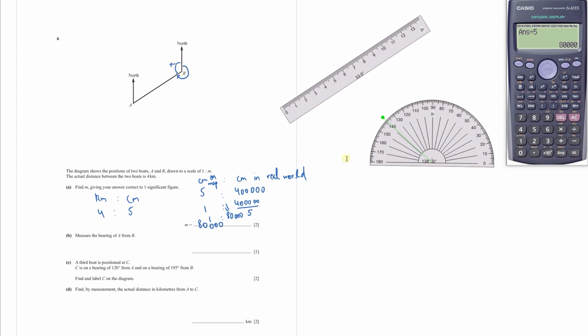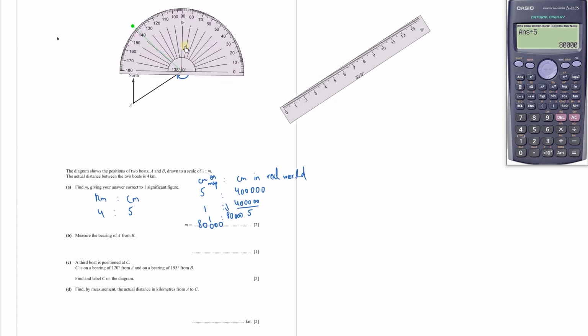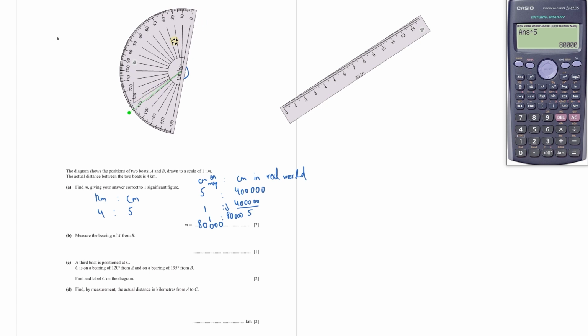So let's measure this angle X. I place my protractor at this center and align my 0 with the north, with this line going towards A. So this will be 120, 121, 122. Let me move this here. Basically I'm extending this line so I can get the correct reading.